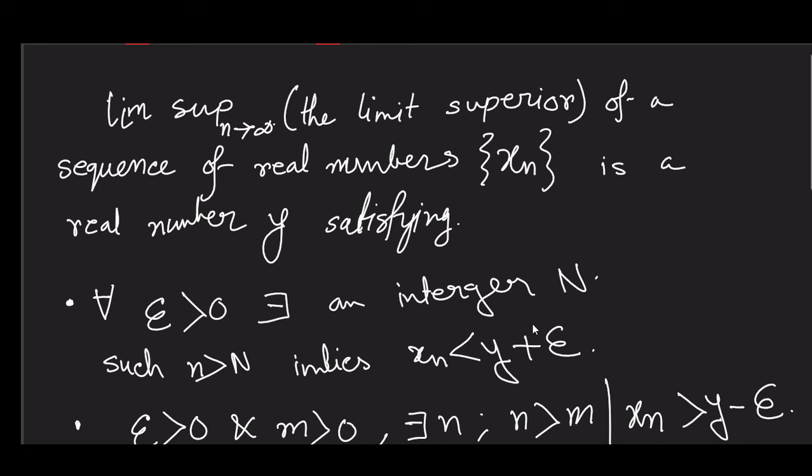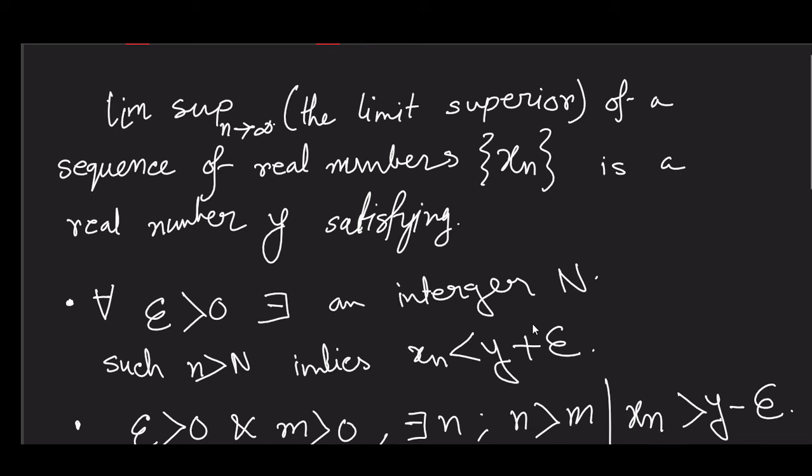Epsilon is a real number greater than 0, and an integer capital N such that... What is a sequence? A sequence is a function that maps natural numbers to real numbers. Why am I calling it mapping?